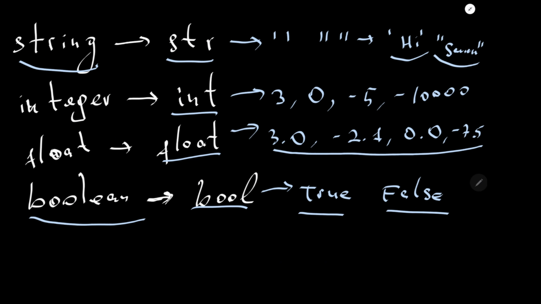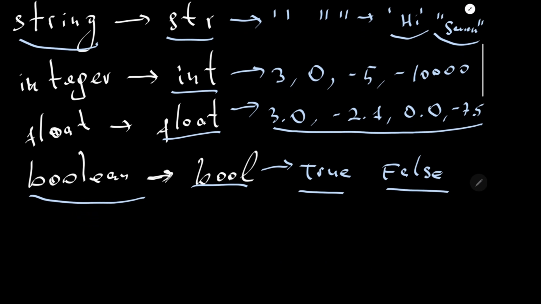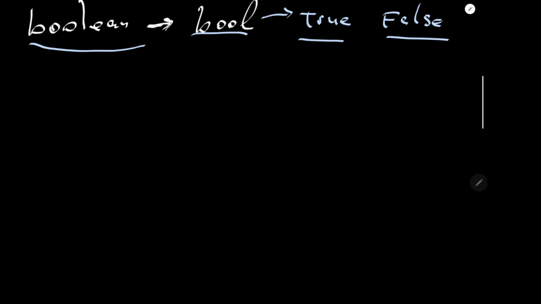Let's practice to boost our understanding of Python variables. Let's take as an example 4.1. What's the type of this variable? It is float.